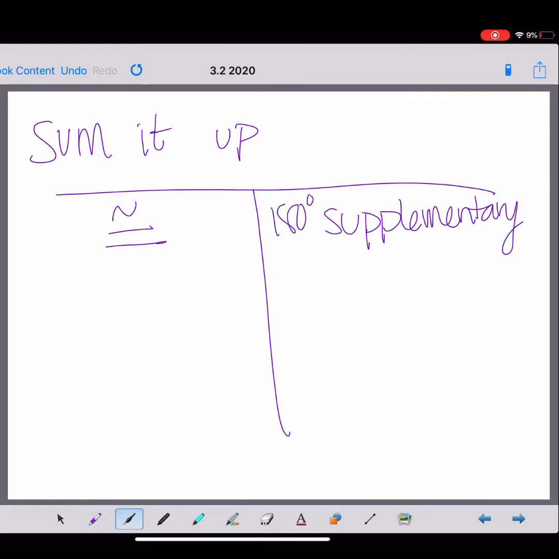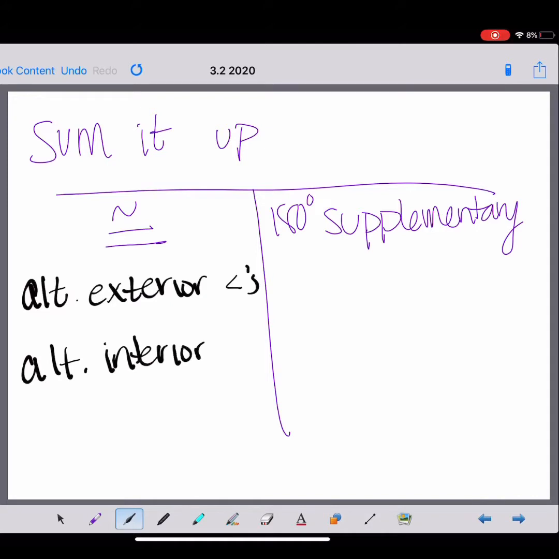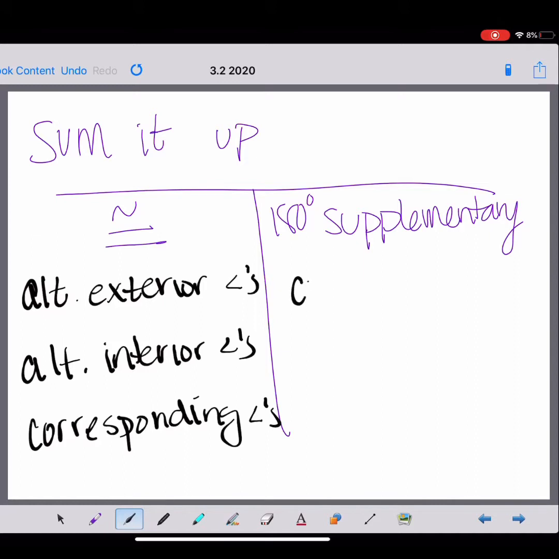Our congruent angles are alternate exterior angles, alternate interior angles, and corresponding angles. So most of the angles. The one set that is supplementary is our consecutive interior angles.